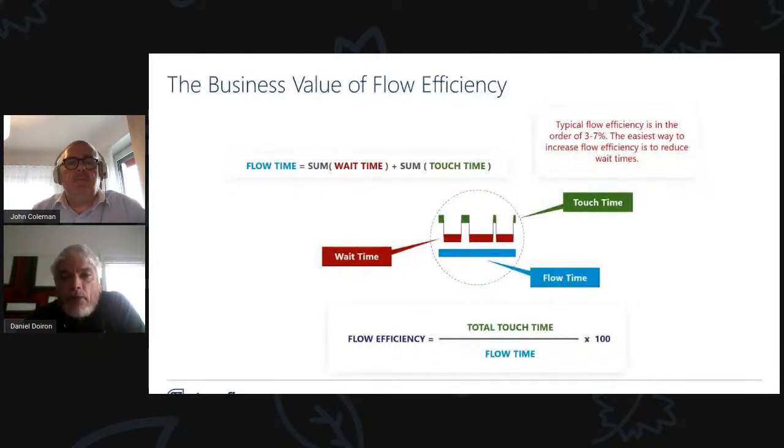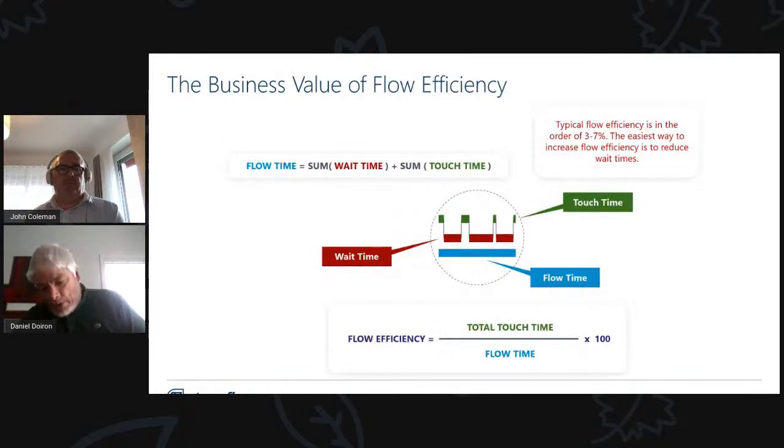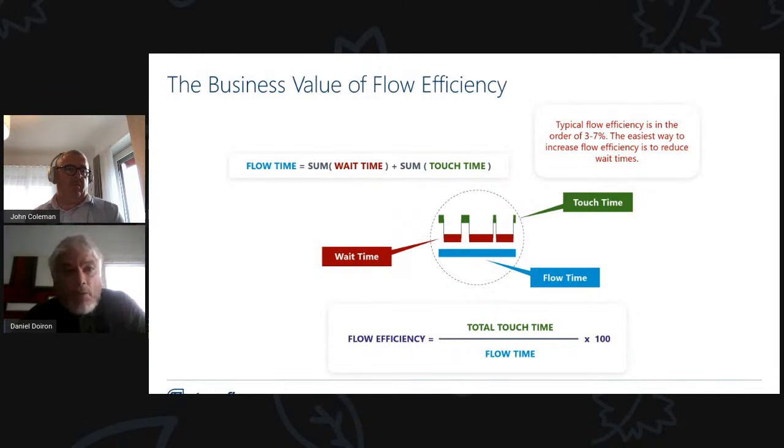There is always a lot more wait time than there is touch time in knowledge work. It's unavoidable. There's no doubt about that. Typically, flow efficiencies of 3-7% are common. So it means that 95% or more of flow time is basically wait time.